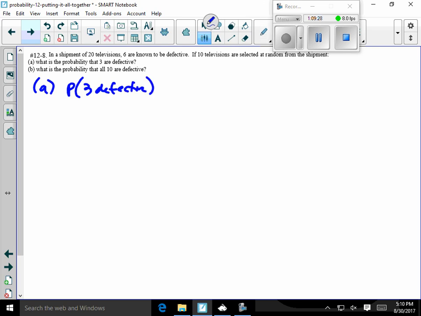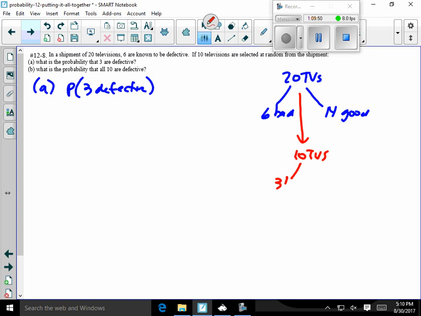Okay, so if I picture the situation this way, like I said over there, 20 TVs, right, and we have 6 are bad. I'm going to use that for defective. There's 14, therefore, that are good. And I have to make a selection. I'm going to choose 10 TVs, right, and out of those, for this to be true in the event, 3 have to be bad, and we have to therefore have 7 that are good, right?